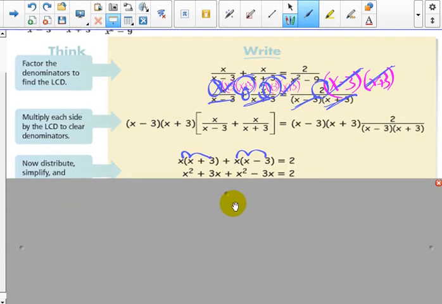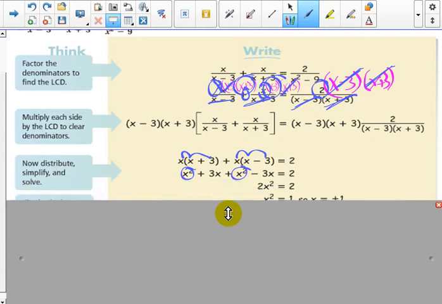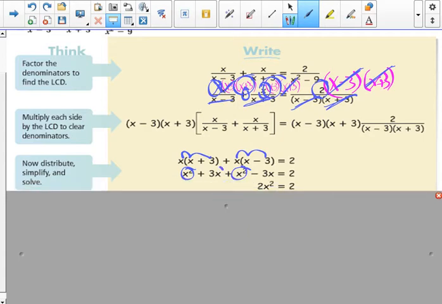So I see I've got 2x squared: x squared plus x squared is 2x squared. And then 3x minus 3x, well, those go to 0. So I'm just left with 2x squared equals 2. It's turning out nice and pretty, isn't it? Now we are just still solving for x.